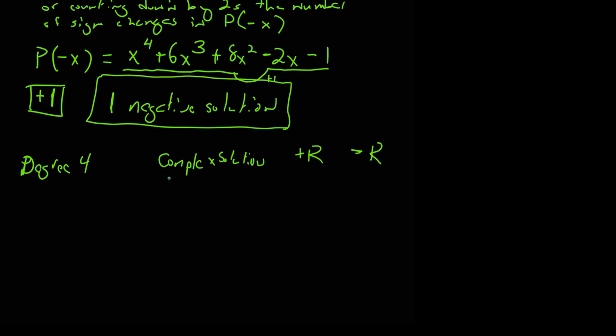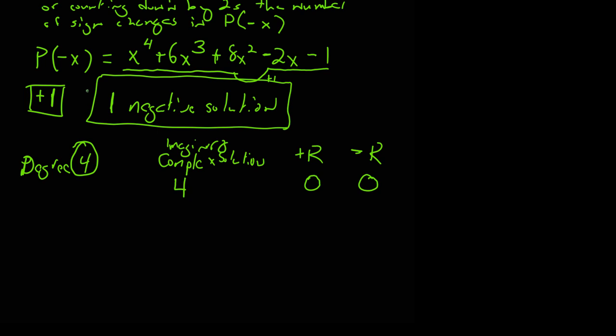And so complex solutions come in conjugate pairs. So I can have 4 of them. If I have 4 of them, I have no room for any real solutions. They're all going to be complex imaginary, right? And that's my fundamental theorem of algebra, that I have 4 solutions with whatever their multiplicities are.